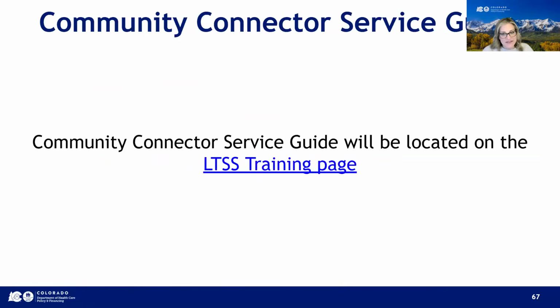The Community Connector Service Guide, again, it is located on the LTSS training page for you to access. It has been updated, revised, refreshed. It has a ton of information, and the expectation is that you're utilizing this guide when you are authorizing this service, and especially so when you are going to submit an exceptions request if that's necessary.